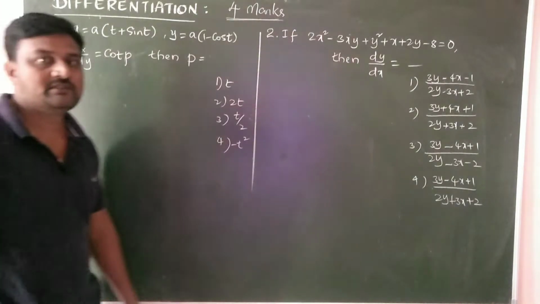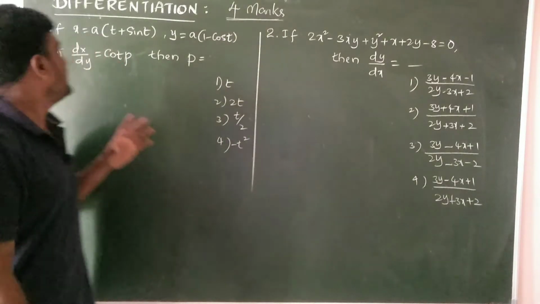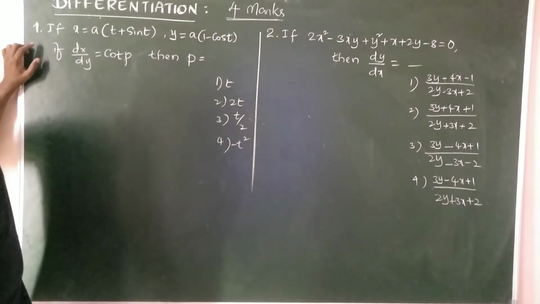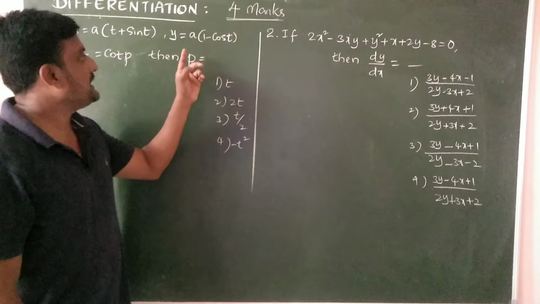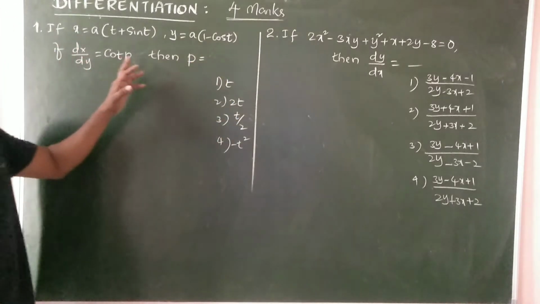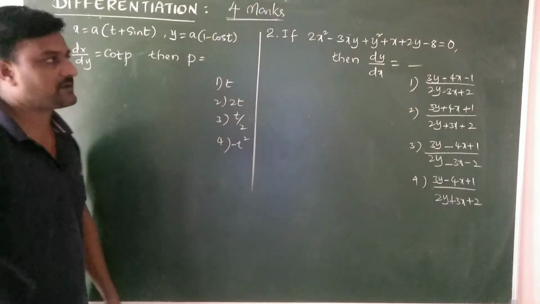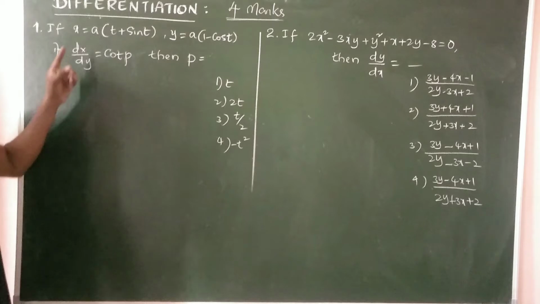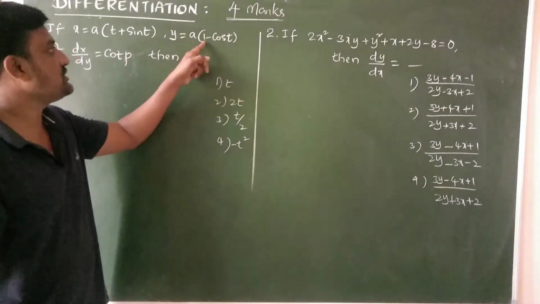In differentiation, we must learn the formulas first. Okay, remember. Now if x equals a into (t plus sin t), y equals a into (1 minus cos t), then dy by dx equals cot p. Then what about p? The function is in t, here also t.